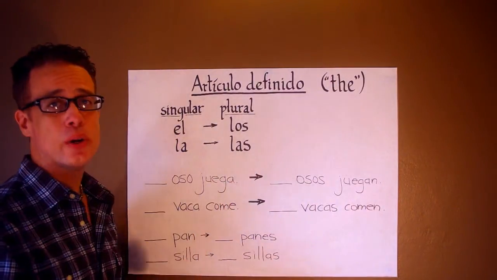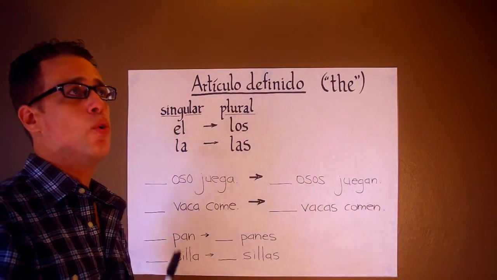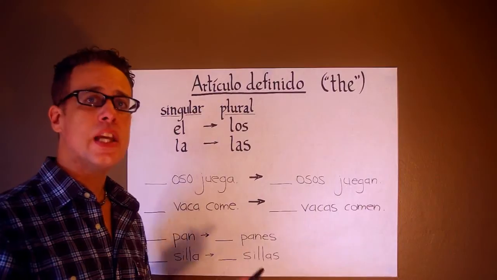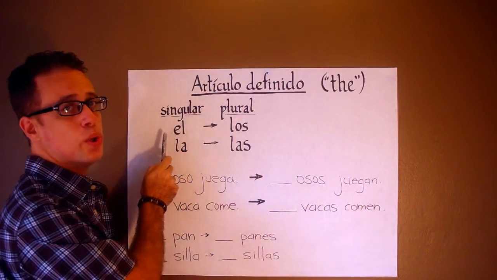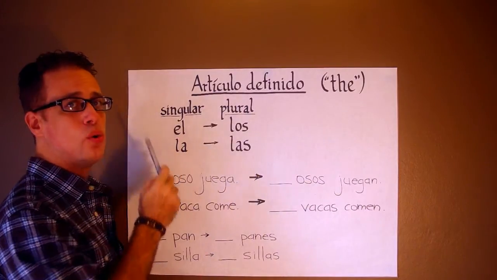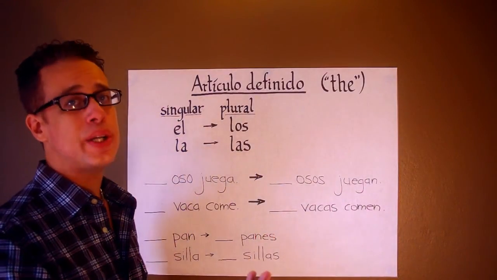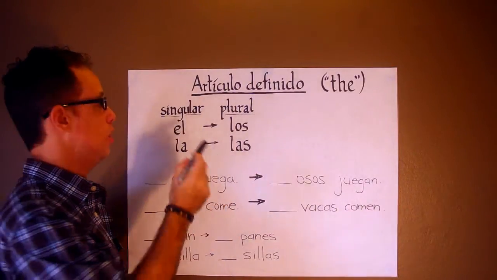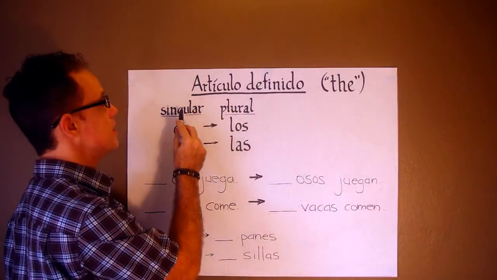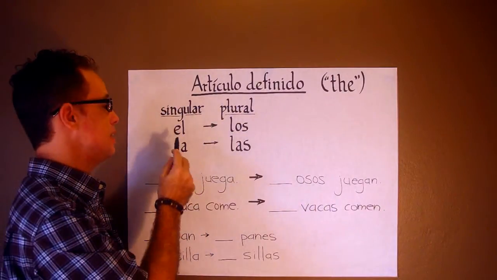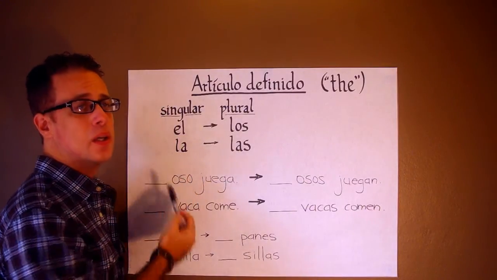So if the noun is a singular noun, remember words like árbol is a singular noun and it's masculine. You will use el. So we would have el árbol, the tree. If it is a singular noun, but it is a feminine noun, you will use la.